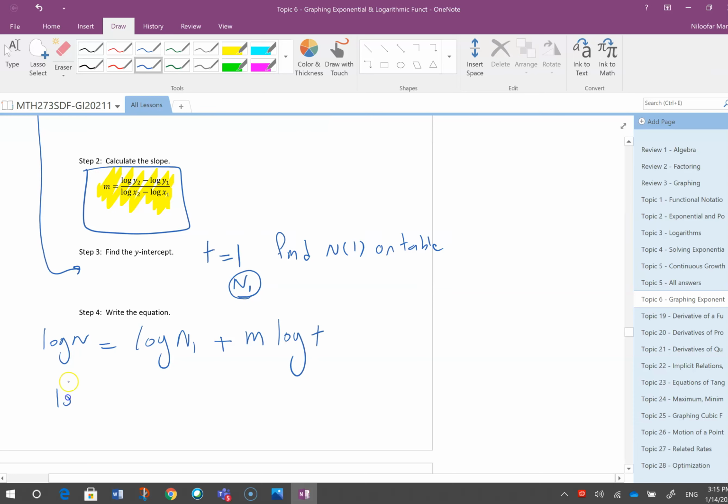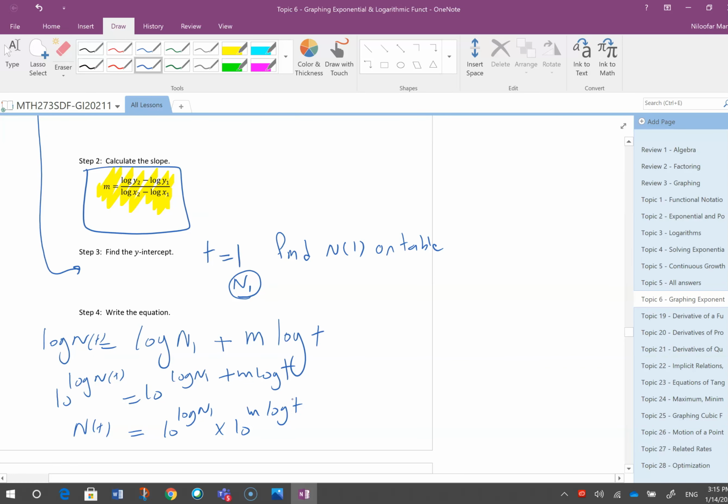Then you do 10 power logarithm: 10 power n equals 10 power logarithm n1 plus m logarithm t. Very similar, I can say nt equals 10 power logarithm n1 multiplied by 10 power m logarithm t.